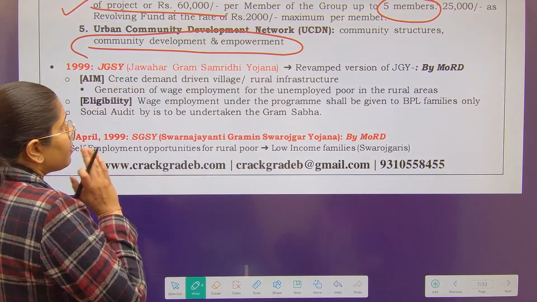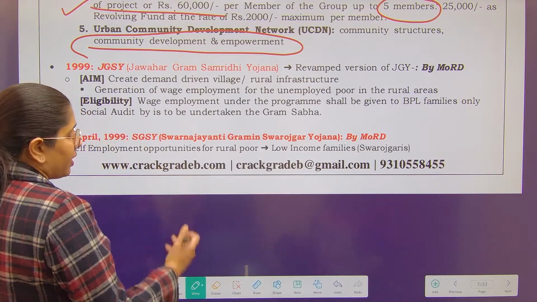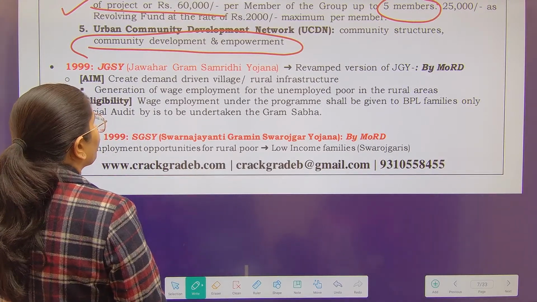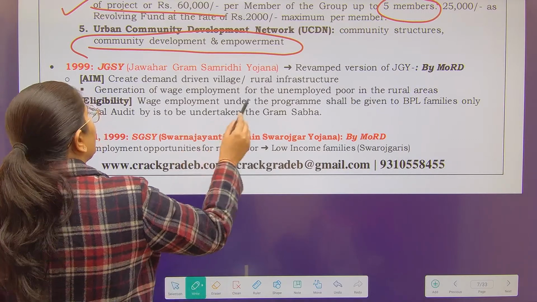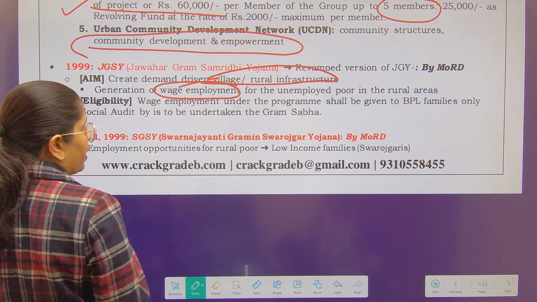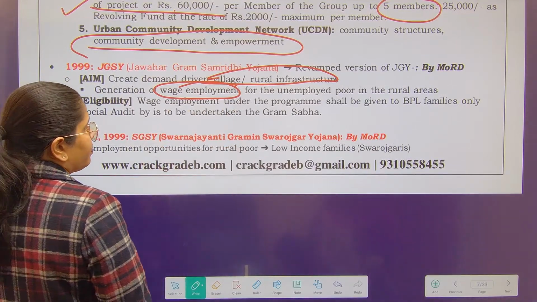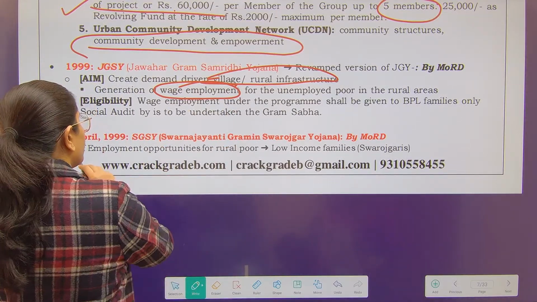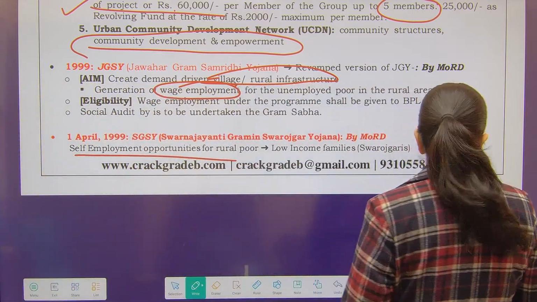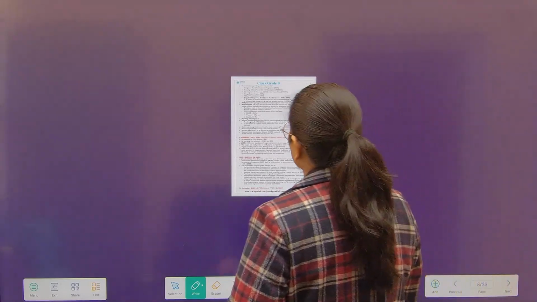Next is Jawahar Gram Samriddhi Yojna. This is a revamped version of the Jawahar Gram Yojna by Ministry of Rural Development. Here again, the focus will be on the infrastructure and the wage employment. Swarna Jayanti Gram Swarojgar Yojna, self-employment opportunities to be created for the rural families or the low-income families in the households.